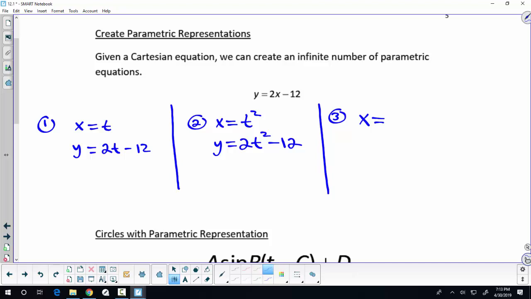If x is 3t plus 4, then y would have to be 2 times 3t plus 4. And so on and so on, we can continue. Those are all substitution based. Surely there are other types of ones too. So these parametric representations are not unique.